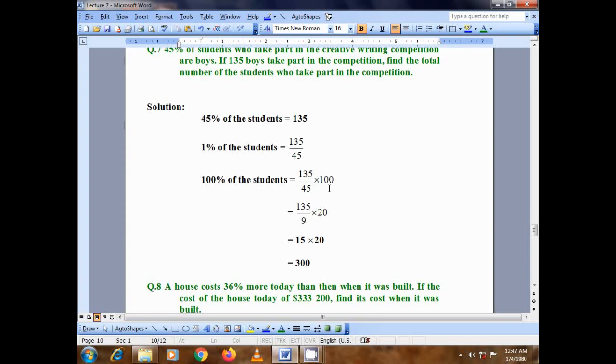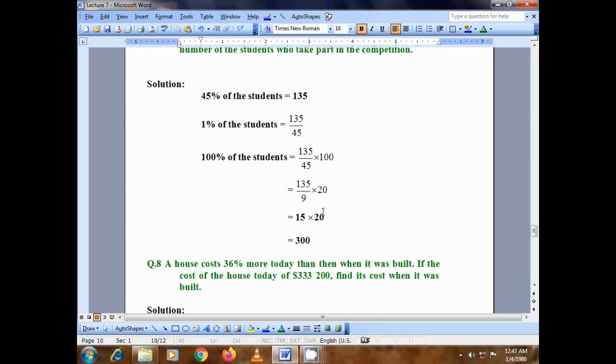So let's divide this 100 and 45 by 5, because both are the multiples of 5. So 5 times 9 is 45, and 5 times 2 is 10, 0 as it is, which means 20 times 5 is 100. If you divide this 100 by 5, the quotient will be 20.